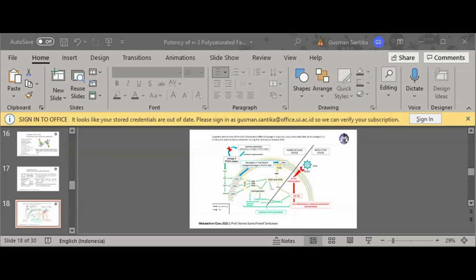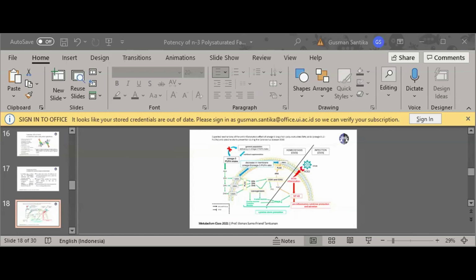Okay, is that all, Mr. Gusman? How was it, Mrs. Rini? Yeah, thank you, Mr. Gusman, for the answer. So we need to increase omega-3 PUFA to reduce the cytokine storm of the infection of COVID-19. Yes, Mr. Sani.